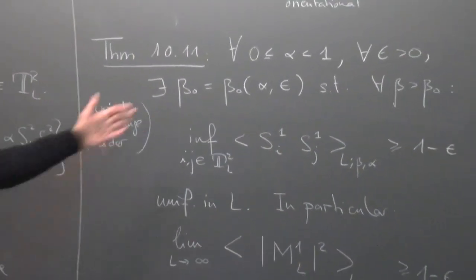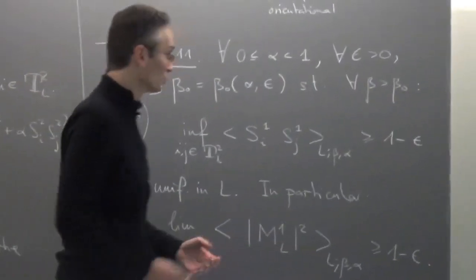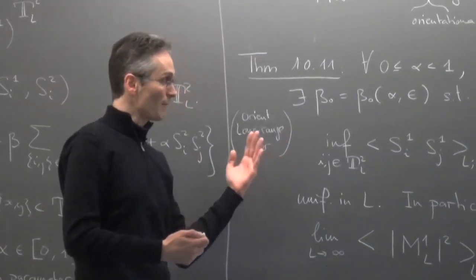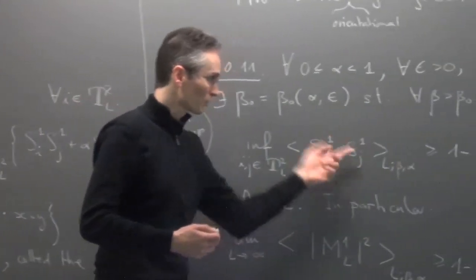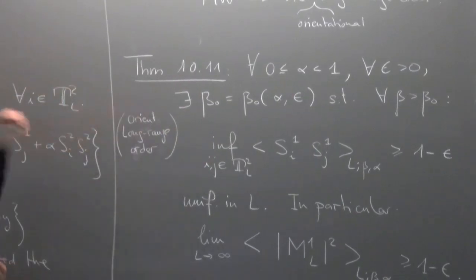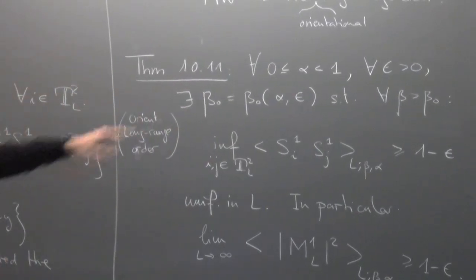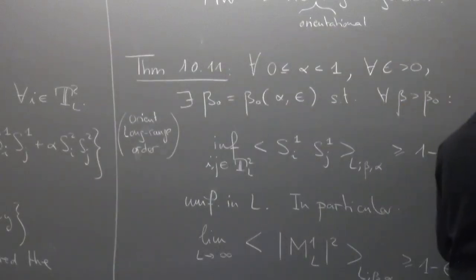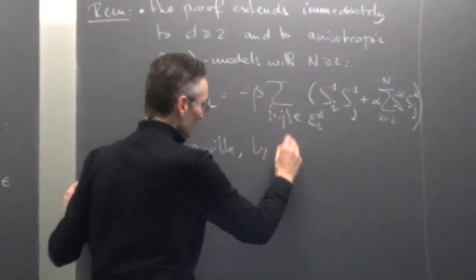I'm not proving here that you have two different infinite volume Gibbs states, one with magnetization along the first coordinate axis, which is positive, and one which is negative. So this I do not prove because it's harder to deduce it from this, but it can be deduced. It is possible, essentially by abstract nonsense.